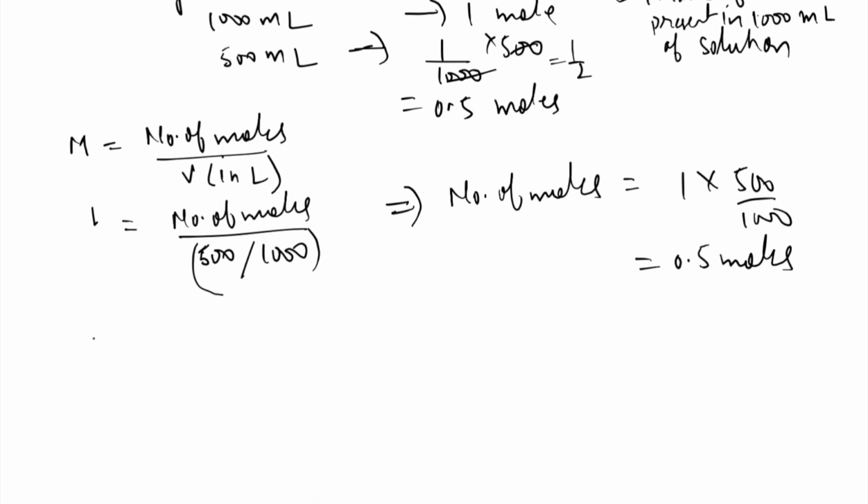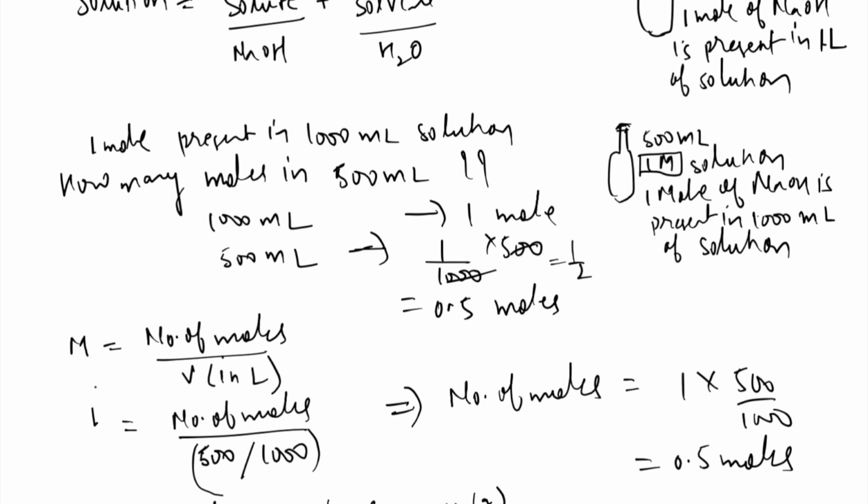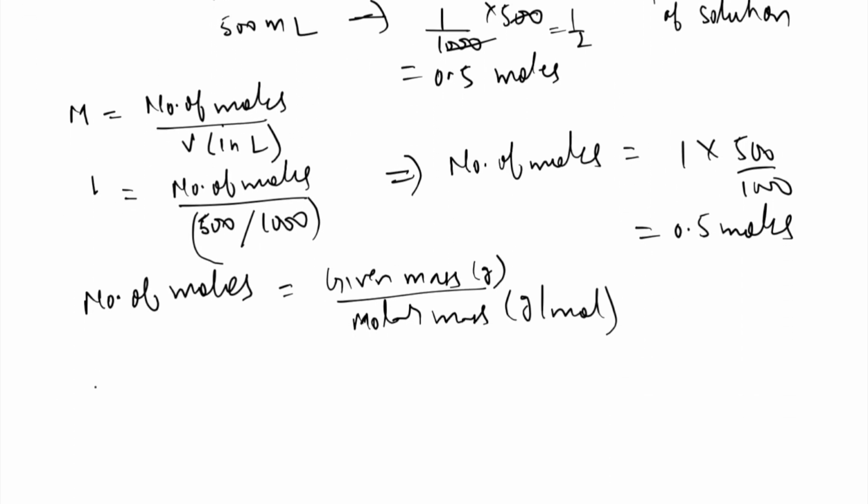We know that I have already written number of moles. There are 4 formulas for calculating the number of moles, but the simplest and most widely used is when mass is given to you. So it will be given mass, which is in gram, divided by molar mass, that is in grams per mole. So if I put it in the formula for molarity, molarity is equal to given mass in gram.